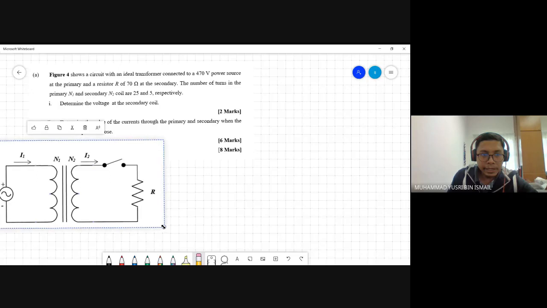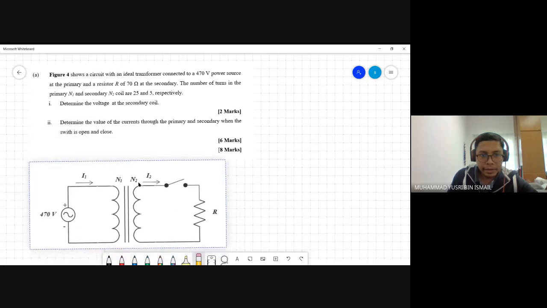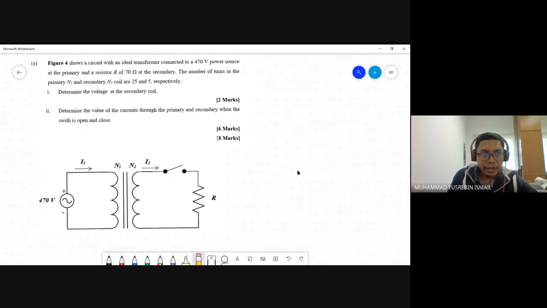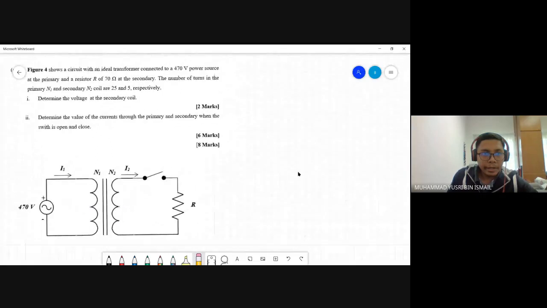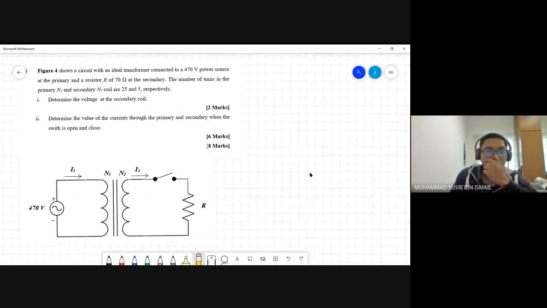This is the circuit. Figure 4 shows a circuit with an ideal transformer connected to a 470 volt power source at the primary and a resistor R of 70 ohm at the secondary.